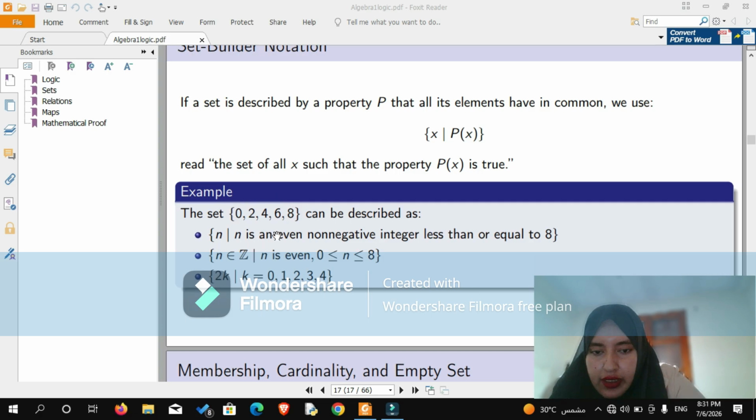We can describe it as the numbers n such that n is an even, non-negative integer less than or equal to 8. Or it is a number in the integers such that n is even and between 0 and 8.